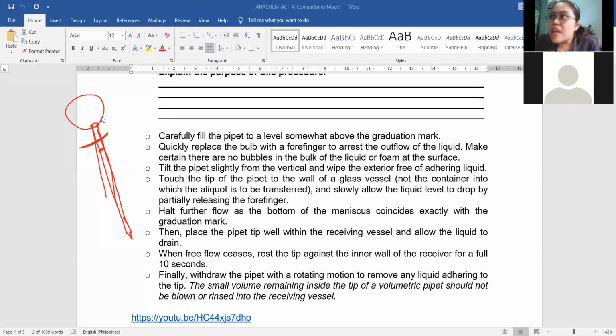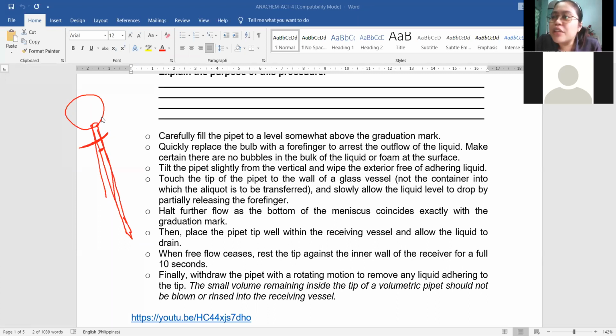Kasi sometimes, if we are not really expert in using the pipette, nagfo-form ng bubbles inside. So especially if wala na siyang liquid na na-suck in, air na yung napapasok sa loob, so magkakaroon ng bubbles.